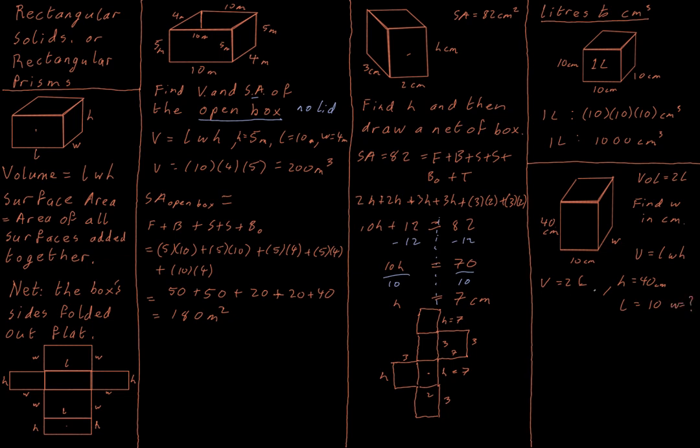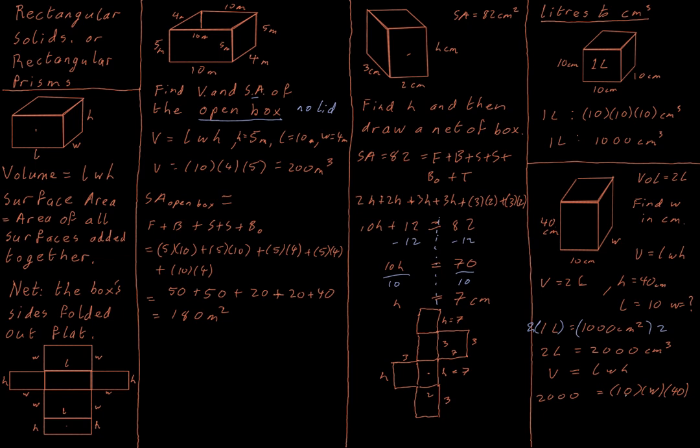We have our formula written down, but we have a problem. These are in centimeters, this is in liters. So I know that if 1 liter is 1,000 centimeters cubed, I multiply both sides by 2, and I end up with 2,000 centimeters cubed.